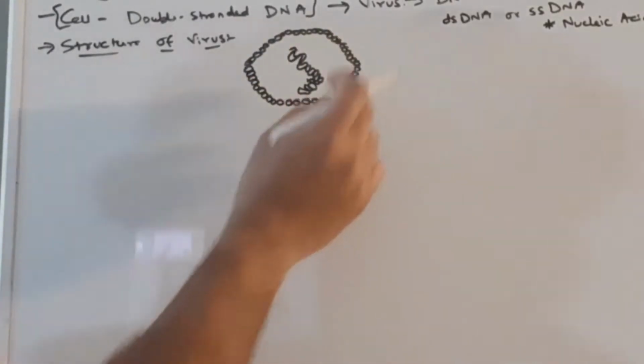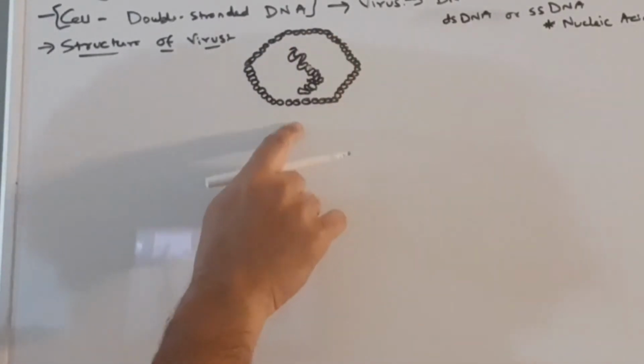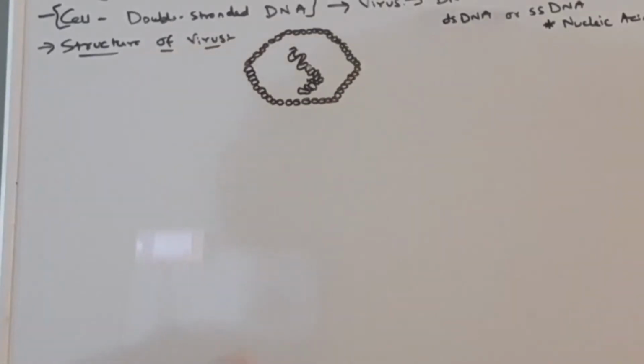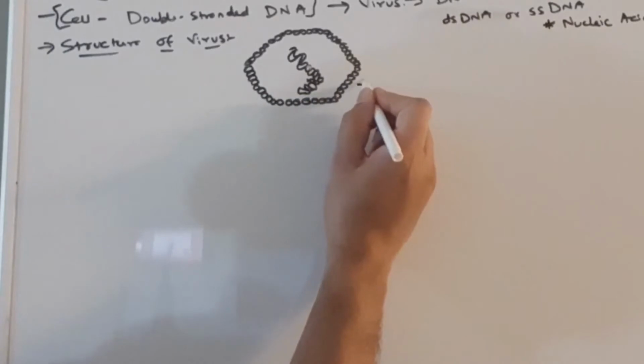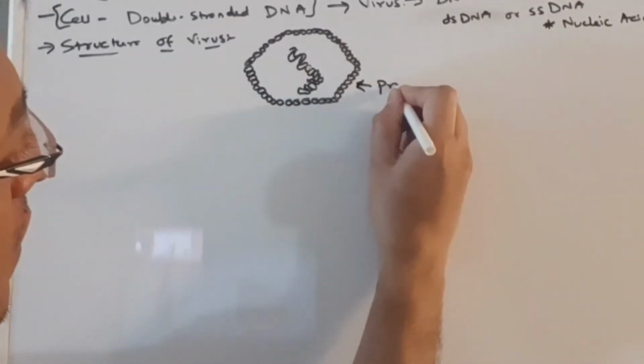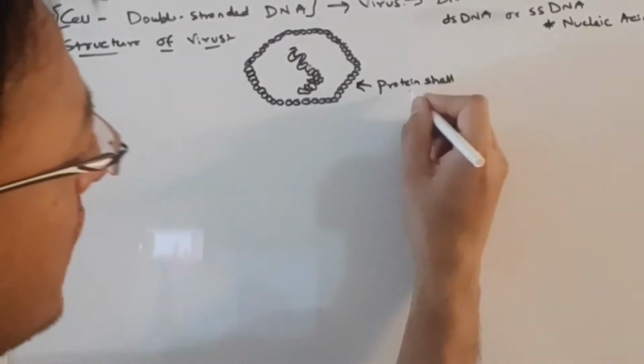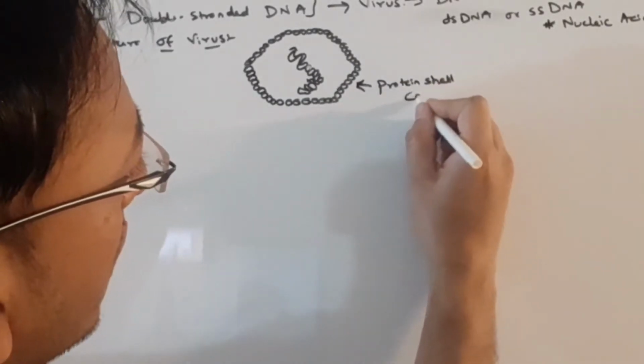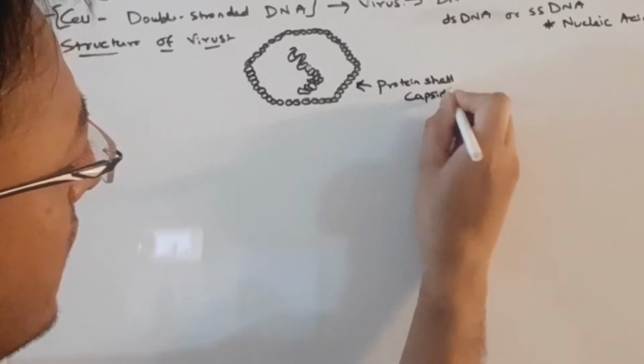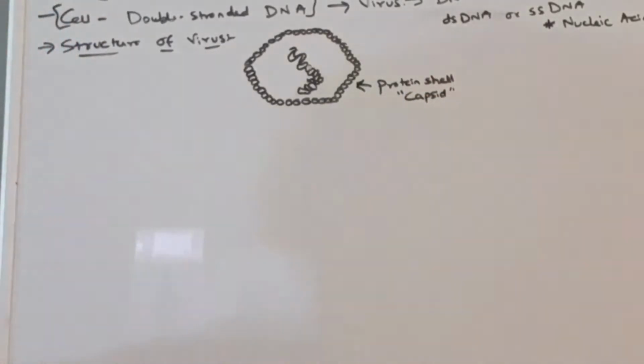So the nucleic acid is surrounded by a protein shell that is called capsid. So this is called a capsid, right?